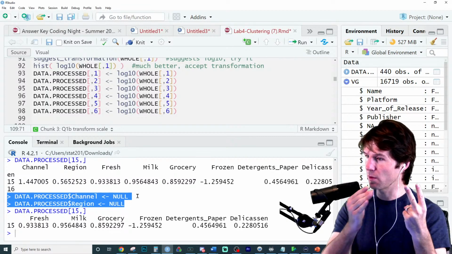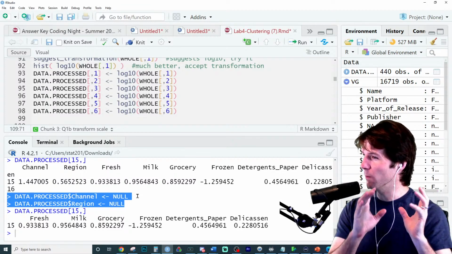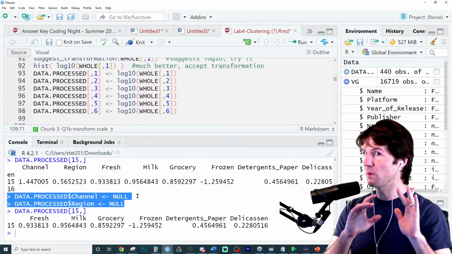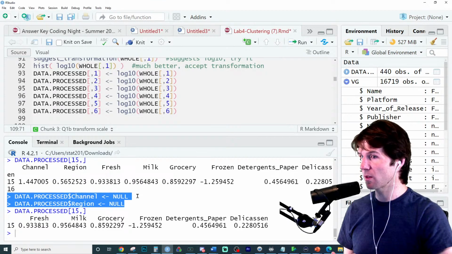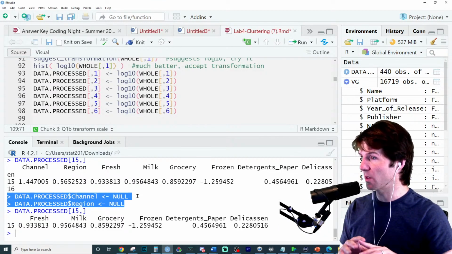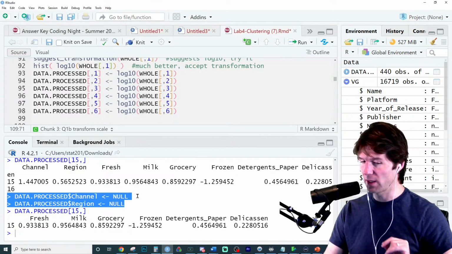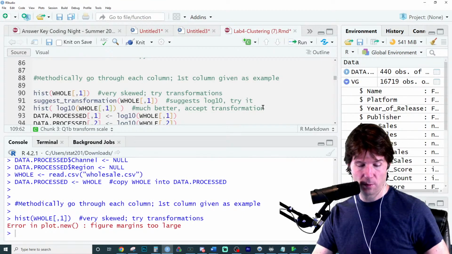So when I did the log 10 transformation, I did it to the first 6 columns, but the first 6 columns weren't my data. The columns 3 through 8 were my data instead of 1 through 6. So what I need to do is remove the first 2 columns, and then columns 1 through 6 are my data. So going back right here and rerunning the chunks, we'll get the answers now.